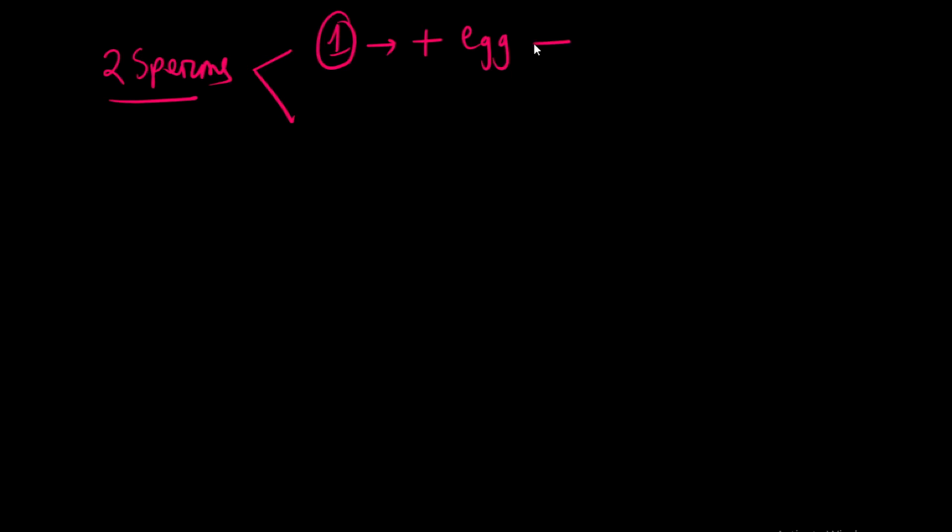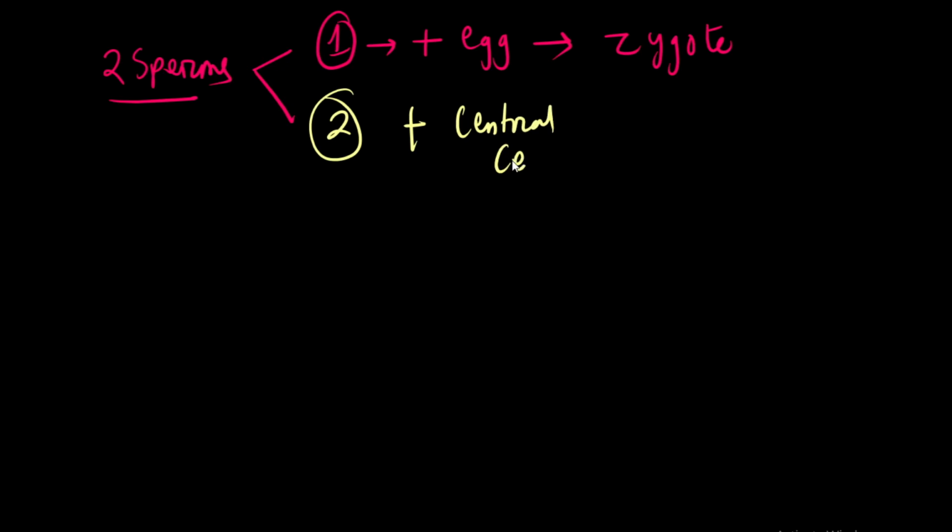As a result it forms a zygote. The other male gamete, again a sperm, fuses with the central cell.